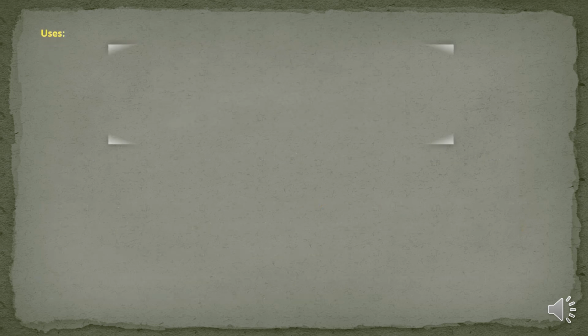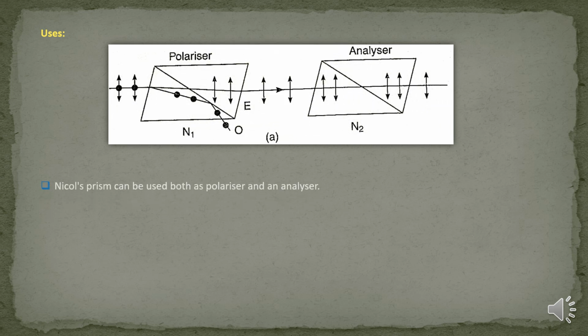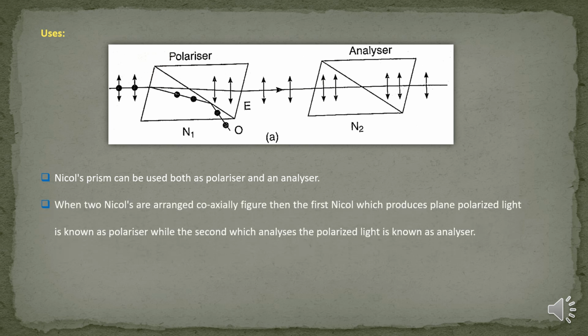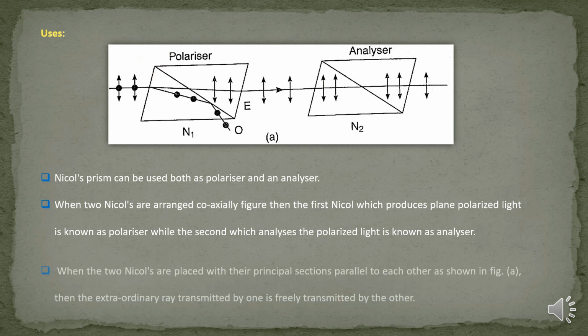Uses of Nicol's prism. Nicol's prism can be used as both polarizer and as an analyzer. When two Nicols are arranged coaxially as shown in the figure, the first Nicol will produce plane polarized light and is known as the polarizer, while the second, which analyzes the polarized light, is known as the analyser.